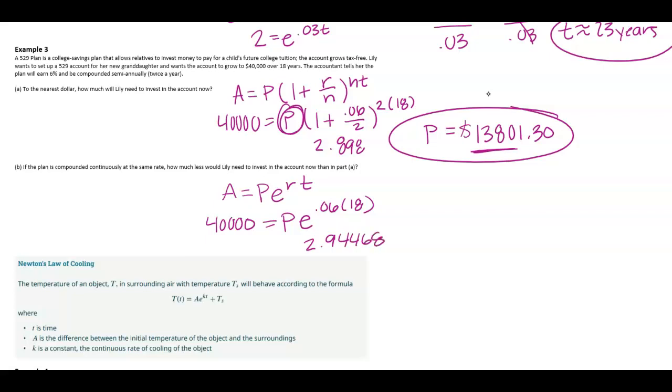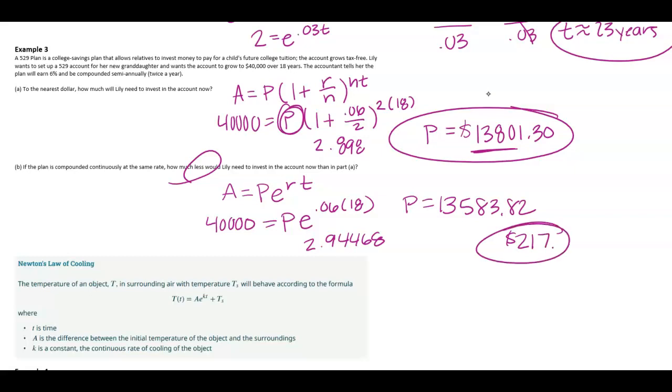If I take 40,000 and divide by that number, the principal amount is 13,583.82. Now, how much less? Let's subtract that from what she would need here. And so she would need to invest about $217 less if she were to have a compounded continuous rate over those 18 years.